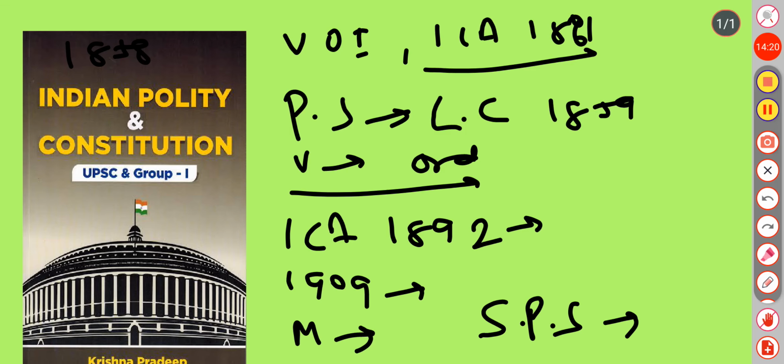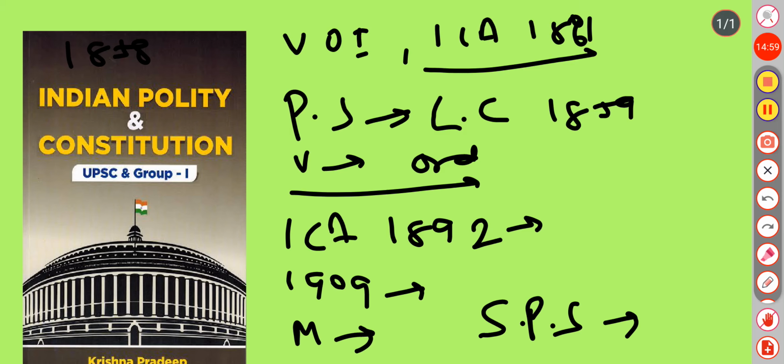Under this act, responsible government in provinces was to be introduced without impairing the responsibility of the governor, right? And that was through the Governor General. So for the administration of the provinces, by resorting to a device known as diarchy, or you can say dual government, right? And the subjects of administration were to be divided into two categories, that is central and provincial, right?